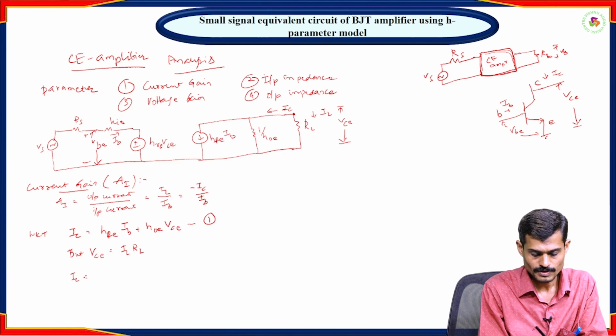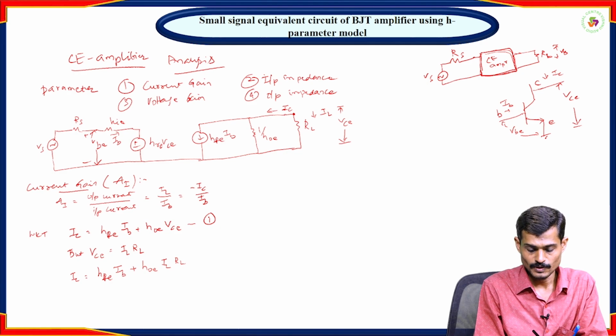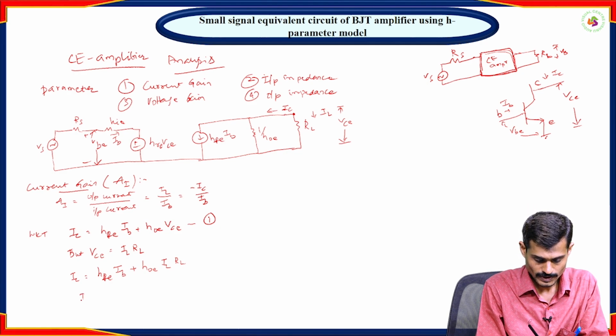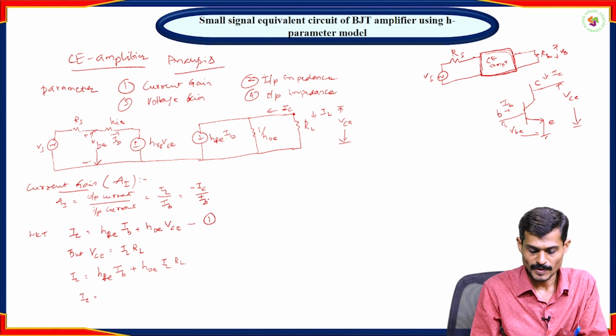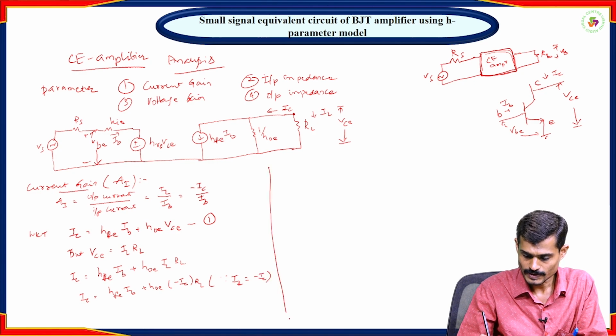Therefore, IC equals HFE into IB plus HOE into IL into RL. But we know that IL equals minus IC. So I am representing it as HFE into IB plus HOE into minus IC into RL, since IL is equal to minus IC.